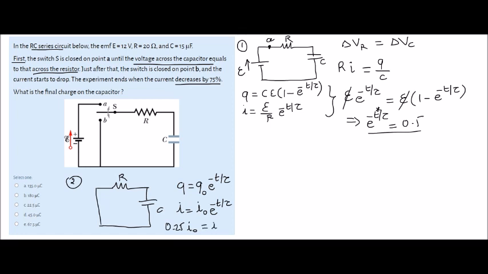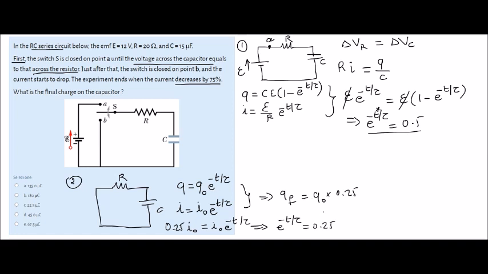Equals I naught exponential minus t over tau. What can I deduce from here, exponential minus t over tau equals what? 0.25. And the question is, what is the final charge? It means the final charge, what is it? I can get it from here. The final charge is the initial charge times 0.25.